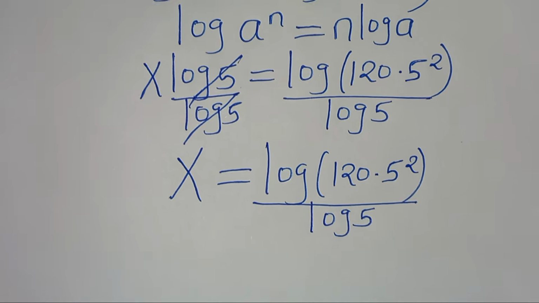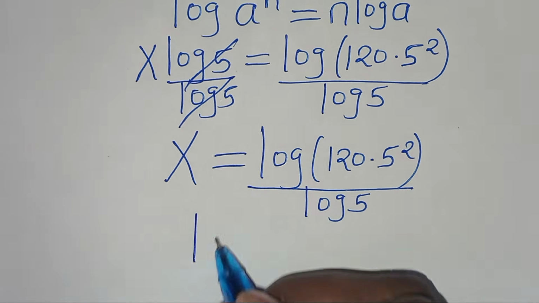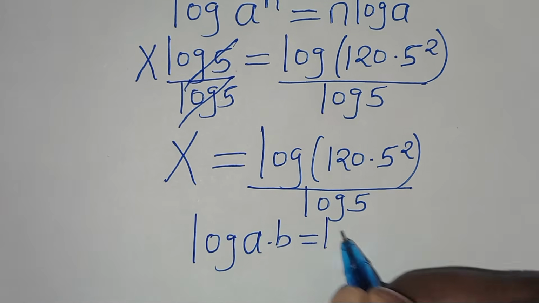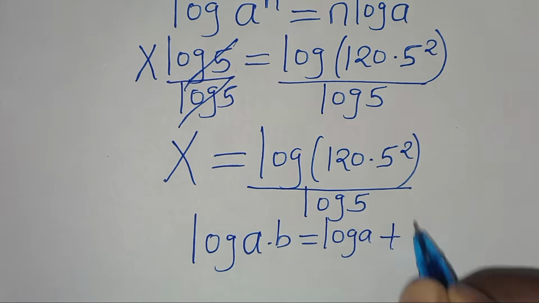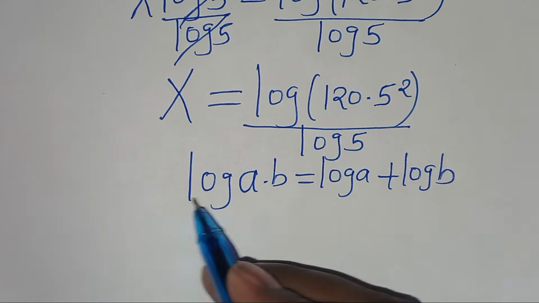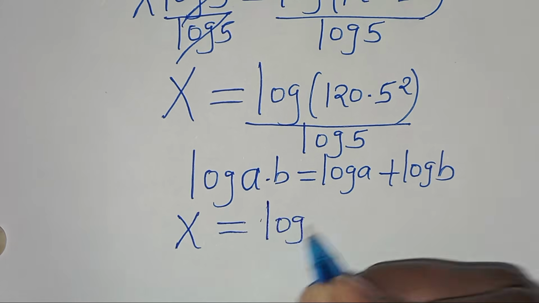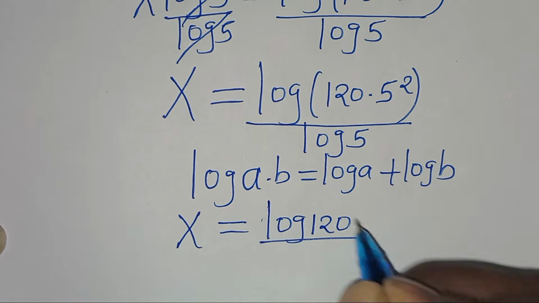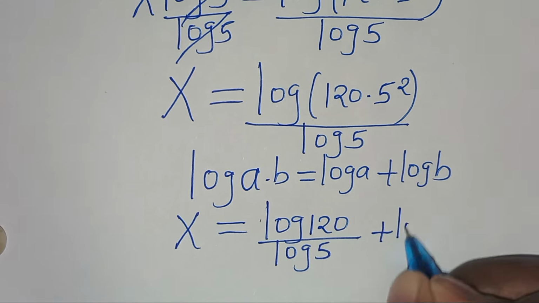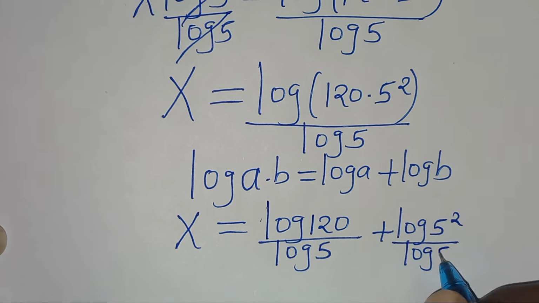Now, the next step is that log 120 times 5 to the power of 2, this is in the form of log a multiplied by b, which we can express as log a plus log b. Applying this logarithm property, then we have x is equal to, this is log 120 divided by log 5, then plus, here we have log 5 to the power of 2 divided by log 5.